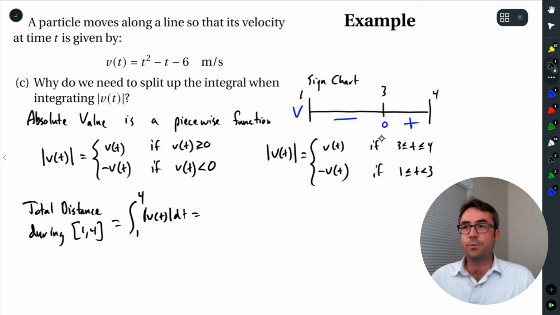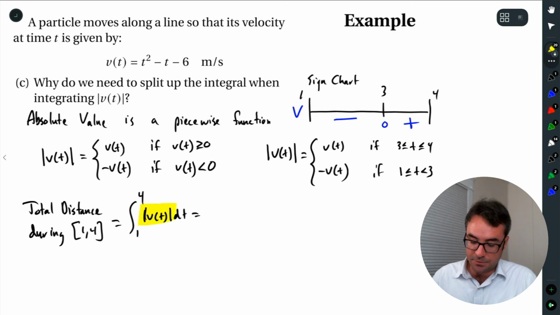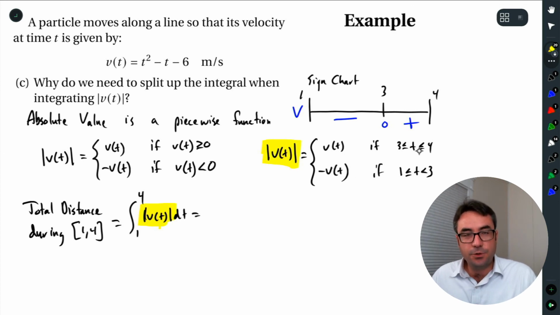And so we have this function we're integrating, absolute value of velocity here, really is this piecewise function. And so the way we do the definite integral for a piecewise function, and we've done one similar to this before, is we have to split up our integration based on where these different pieces split up.